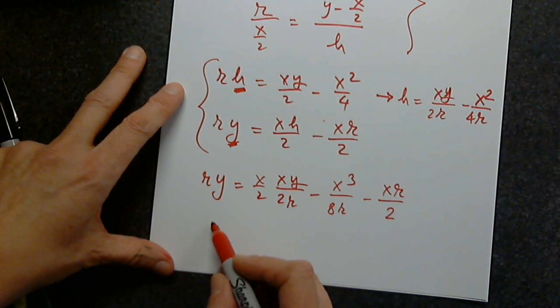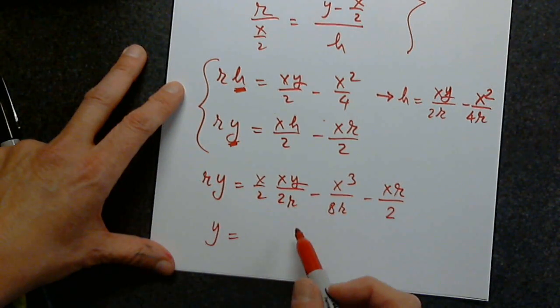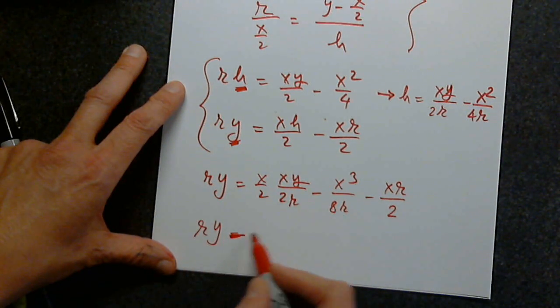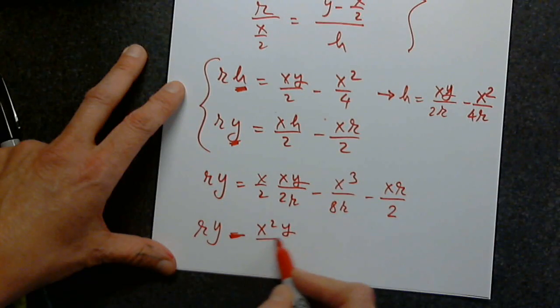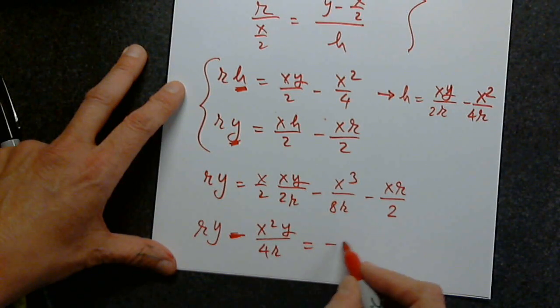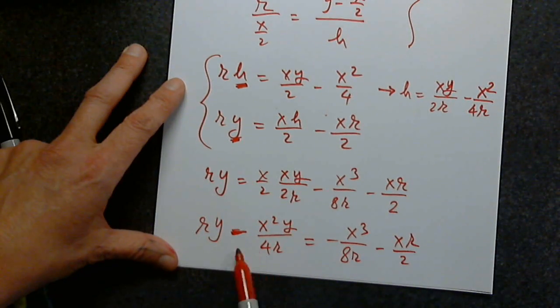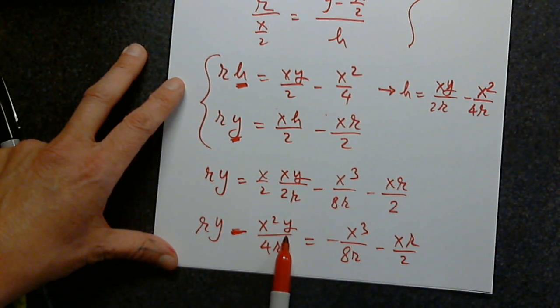So I got y. I have to move this. So ry minus x squared y over 4r equals negative x cubed over 8r minus xr over 2. And from here I get y.